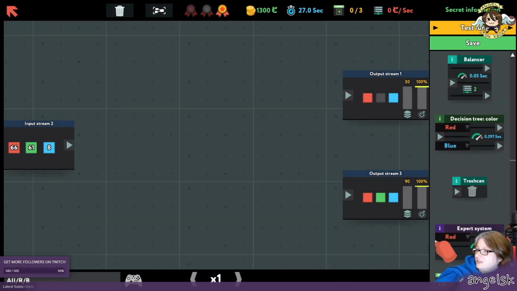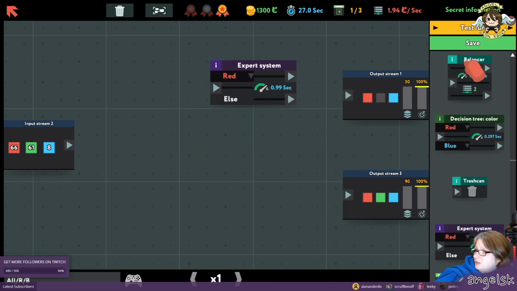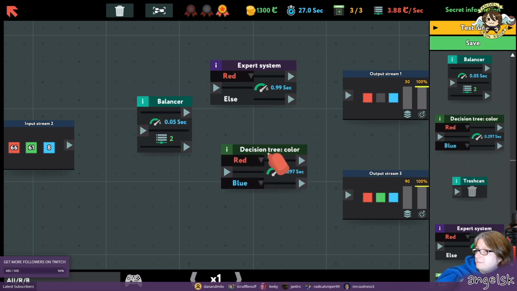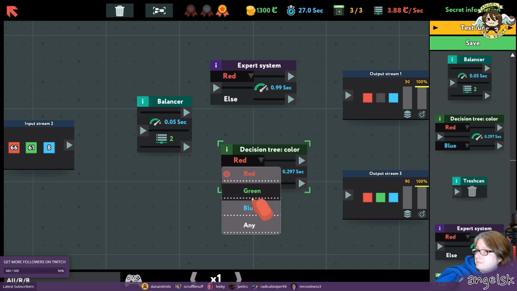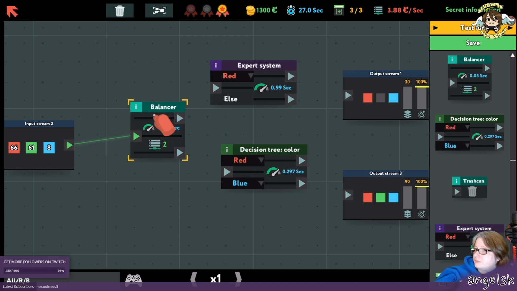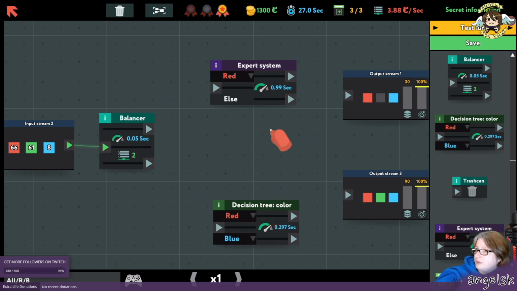Okay, I mean, this just sounds like a terrible idea. Okay, so what do we got? We've got a balancer, an expert system, and a decision tree. We need to balance this, surely. Possibly.